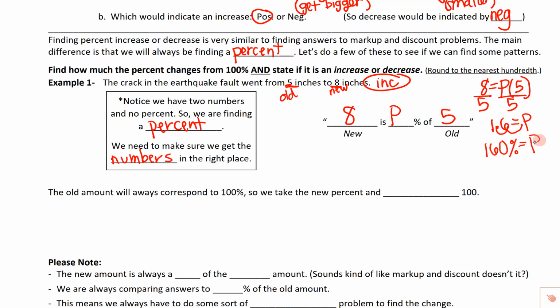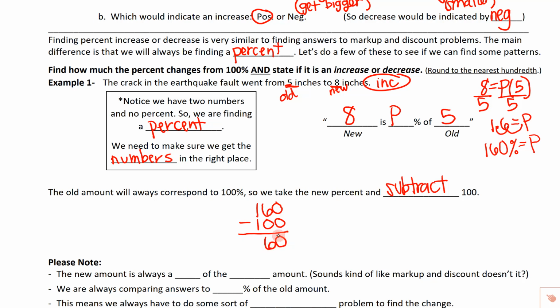160%. But I'm not done yet, because the old amount is always going to correspond to that 100%, that original. So we need to take the new percent and subtract 100, that original 100% of what it was originally. So we're going to take 160% minus 100, and I get 60.